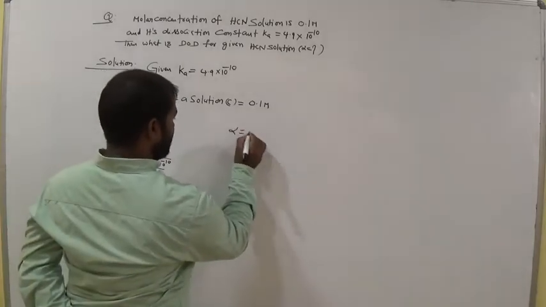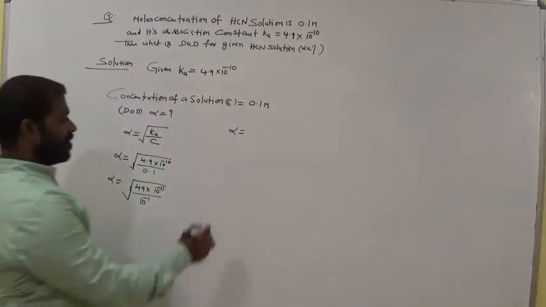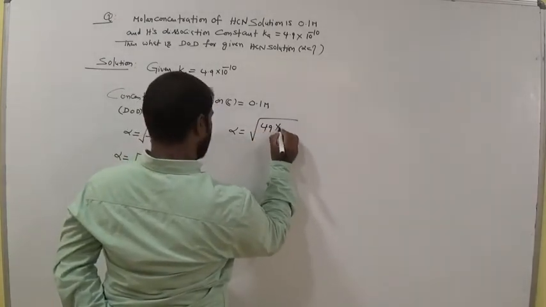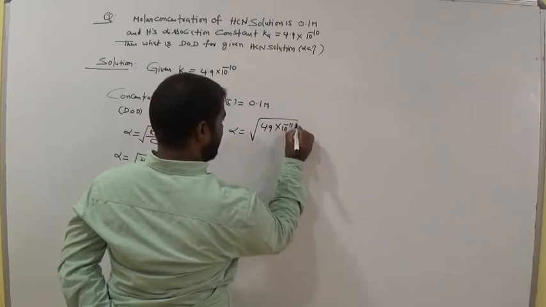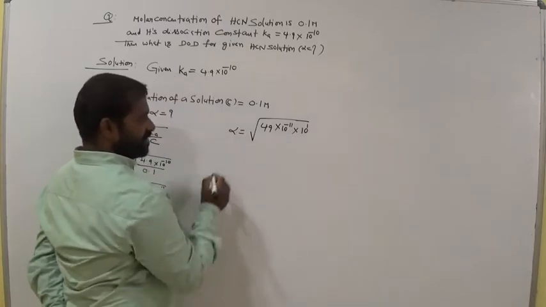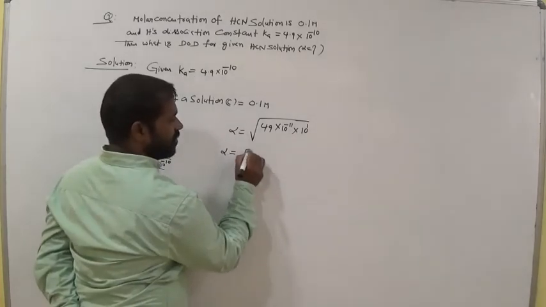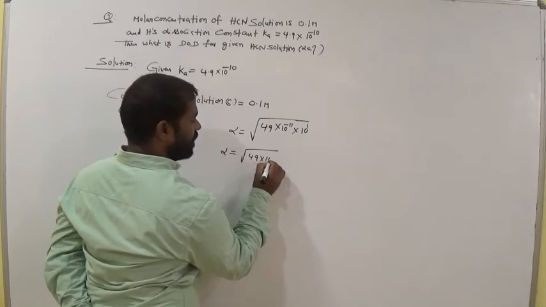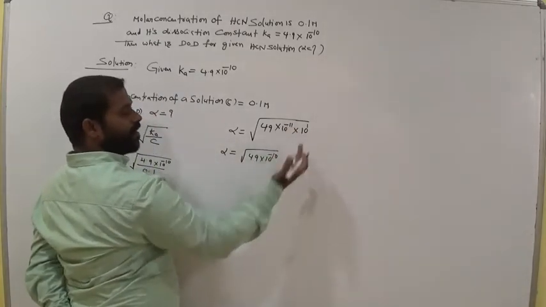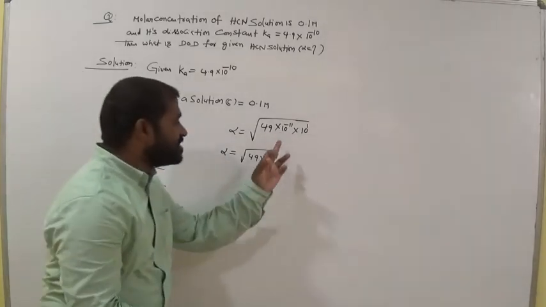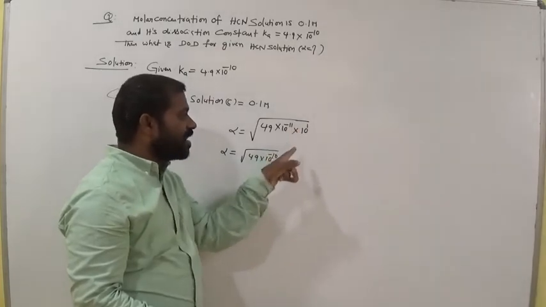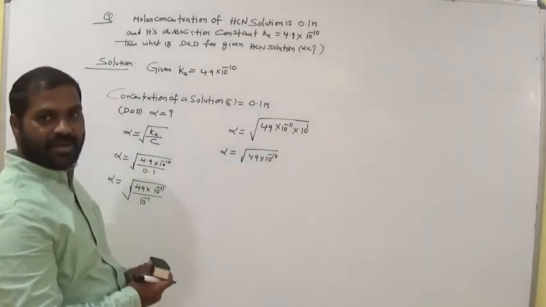Therefore alpha equals the square root of 49 into 10 power minus 11 divided by 10 power minus 1, then alpha equals the square root of 49 into 10 power minus 10. When bases are equal, powers should be subtracted, so 10 power minus 11 minus minus 1 gives 10 power minus 10. Is it clear, all of you?